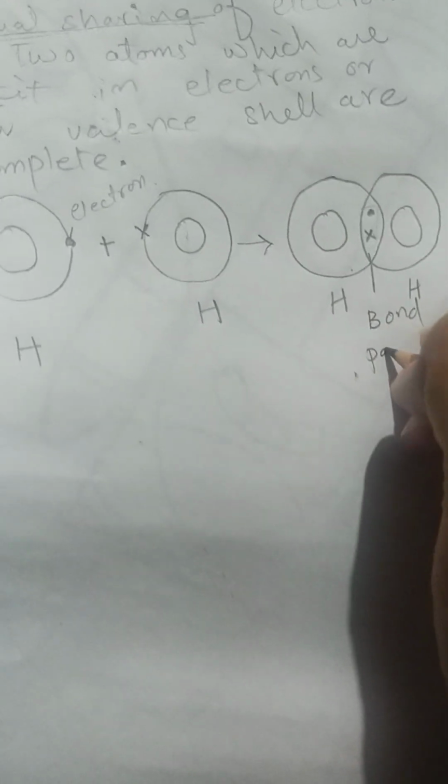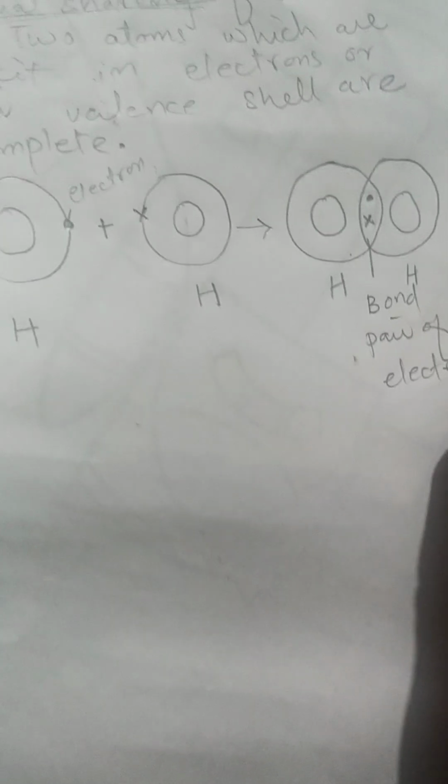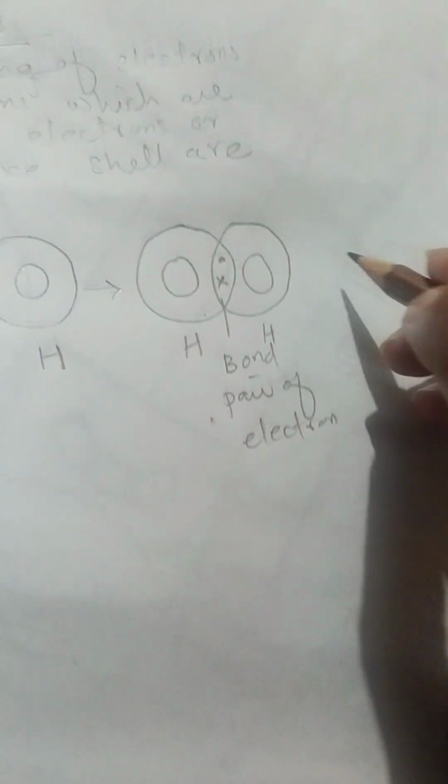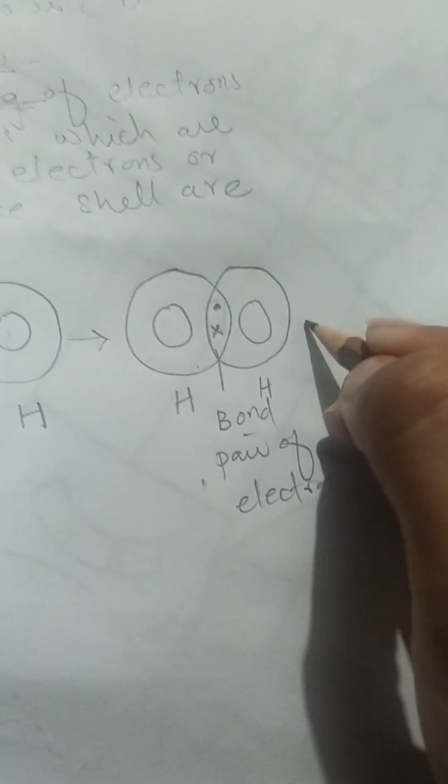Now one bond pair of electrons is formed, and they form a molecule.